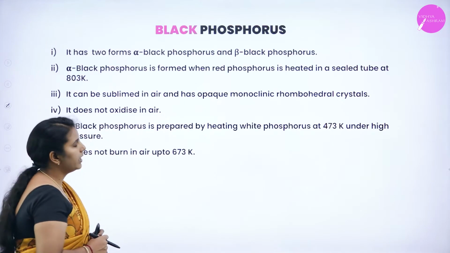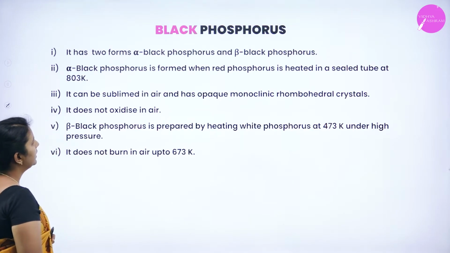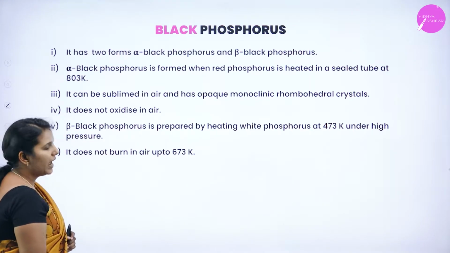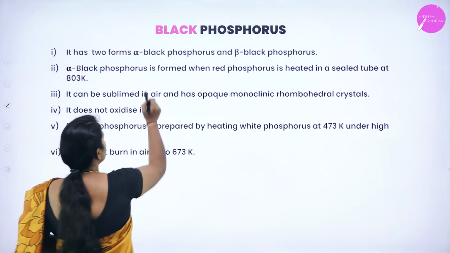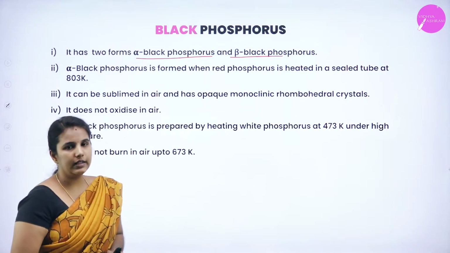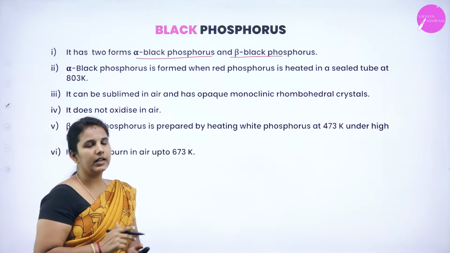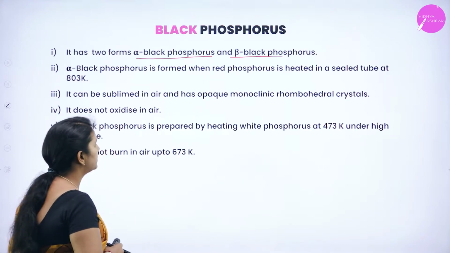Okay, coming to black phosphorus, it has 2 forms, alpha black phosphorus and beta black phosphorus. So how many forms are there in black phosphorus? There are 2 forms. One is alpha black phosphorus, another is beta black phosphorus.